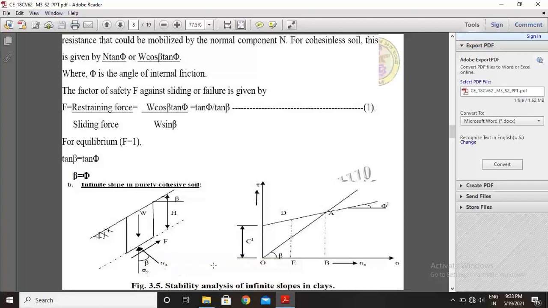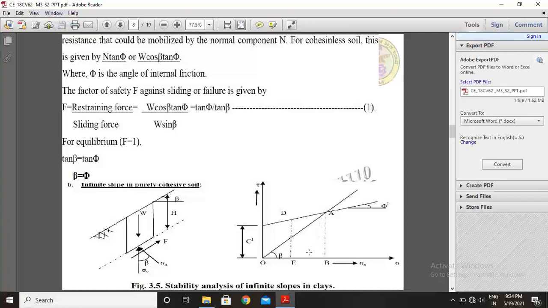Okay, so based on this concept, the stress diagram is plotted here. Along the x-axis is normal stress, along the y-axis is shear stress, tau. See here, this line is plotted at an angle beta, and this line is plotted with respect to the c-phi value. This line is nothing but the failure plane, and from this to this has a cohesion C, that is C dash.